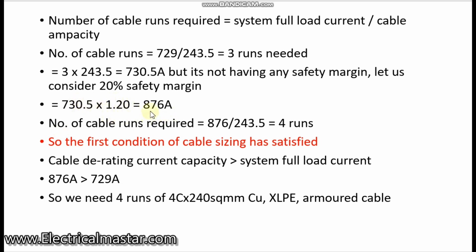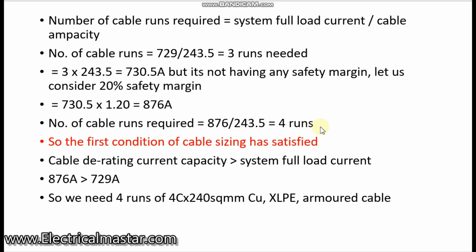That came to 876 amperes. Now I need to find the number of cable runs required for this total of 876, because previously the load was only 729. After I added the 20% margin, it came to 876. So 876 divided by this derated value 243, now it came to 4 runs required.